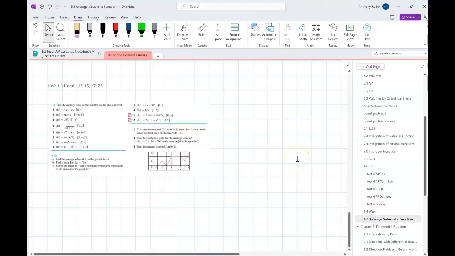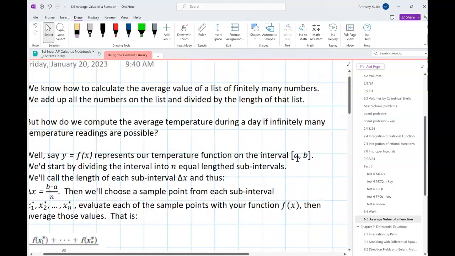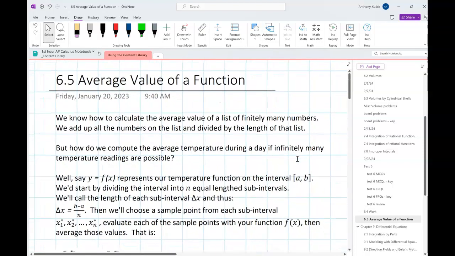The other idea that I want to talk about is the average value of a function. So we know how to calculate the average value of a list of finitely many numbers, right? You just add them all up and divide by the quantity of numbers you've added. But how do we calculate the average of something that's infinitely many?